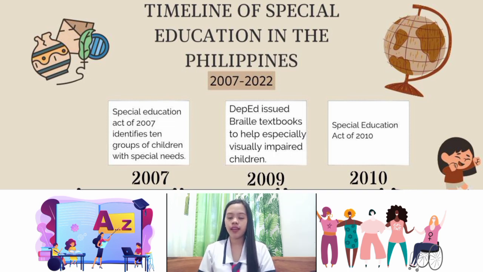In 2010, the Special Education Act of 2010, an act establishing at least one special education center for each school division for children with special needs, guidelines for government financial assistance and other incentives and support.